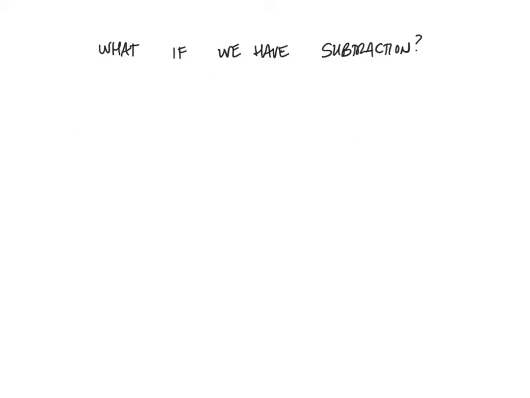So what if we have subtraction? That is going to make things a little bit more challenging, but we're gonna fix it. So if we have like 3 minus 7, if I have 3 and I take away 7, that's gonna give me negative 4. And then similarly, if I have 3 plus negative 7, let's use our steps that we had before. I have different signs.